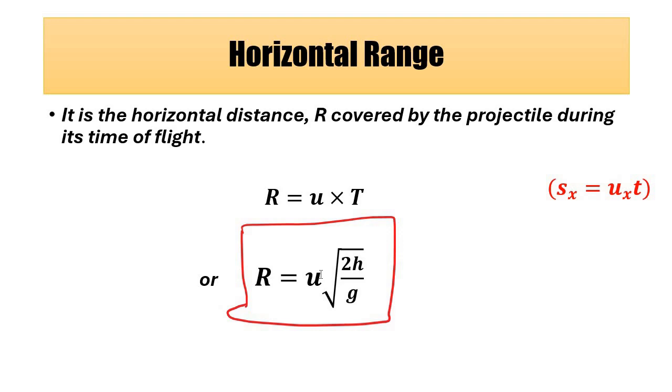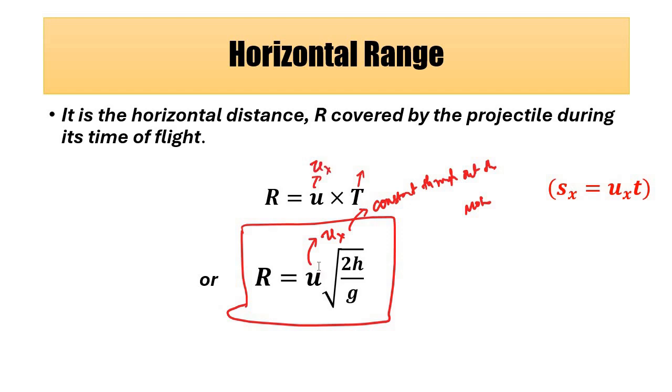And u, the horizontal component, remains constant throughout the motion. So this is the horizontal range. Simply multiply the horizontal component of velocity, which remains constant throughout, and the time of flight.